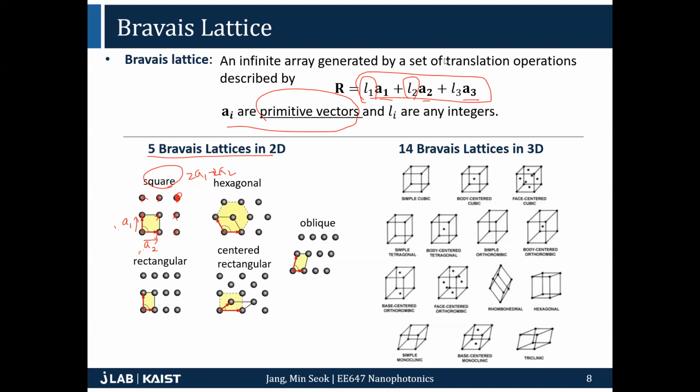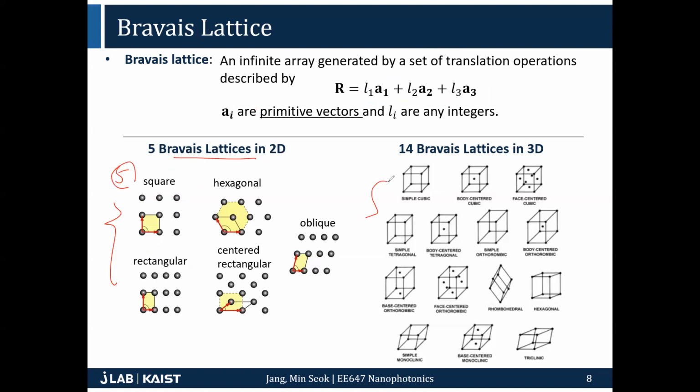Considering symmetry, there are only 5 types of Bravais lattice possible in 2D, and only 14 Bravais lattices possible in 3D. Some of you may ask, what's the difference between a square lattice and a rectangular lattice? They look the same. Well, the difference is that in a square lattice, the lengths of the lattice vectors are the same. In a rectangular lattice, the lengths are different. Why does this matter? Because that affects the symmetry. For instance, a square lattice satisfies C4 symmetry.